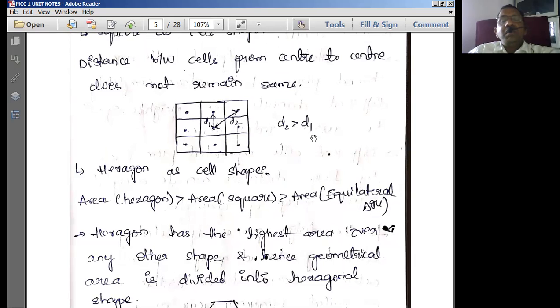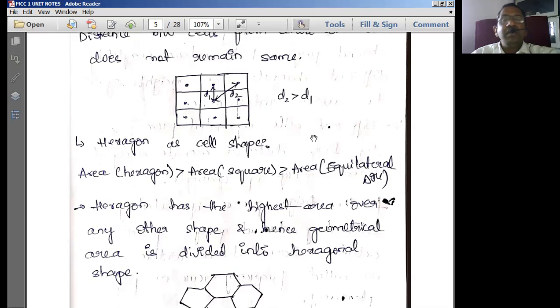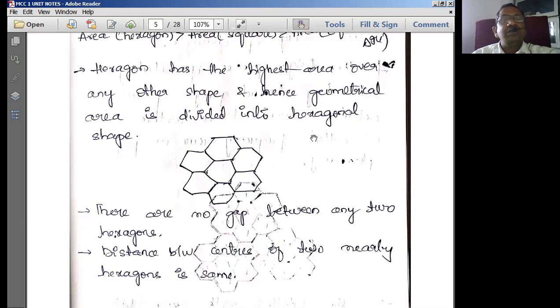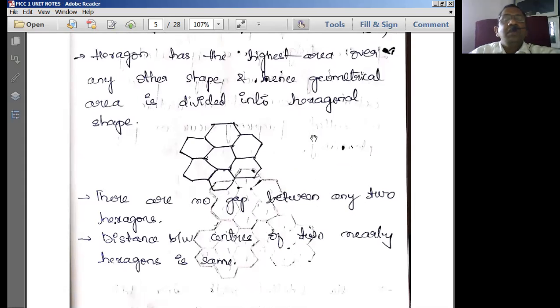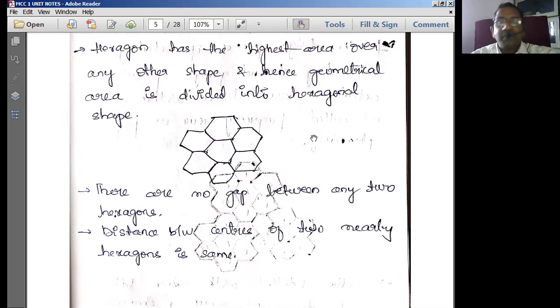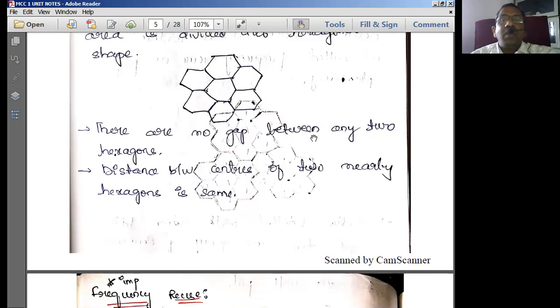So since D1 and D2 are not equal, it also is not going to cover the entire region of the space. Therefore hexagon is the obvious choice, which covers the highest area compared to all other shapes. So the geometrical hexagonal shape is taken to avoid the gaps.